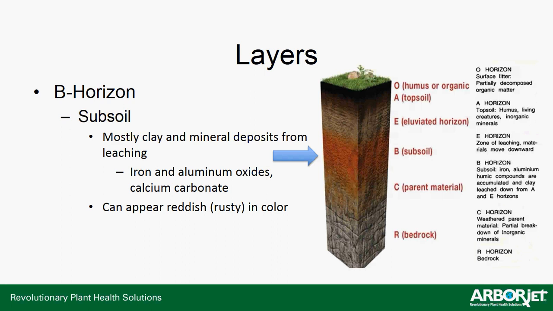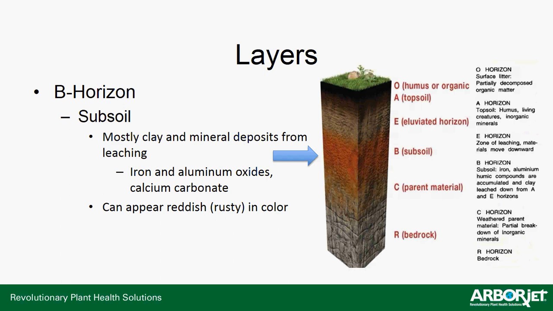And then your B horizon, your subsoil, that's where mostly clay and mineral deposits from leaching build up and kind of create a hard crust. You're going to find a lot of iron and aluminum oxides because of all that clay. They're going to stick there. And also you're going to find some calcium carbonate.